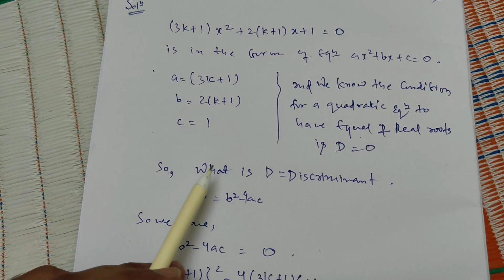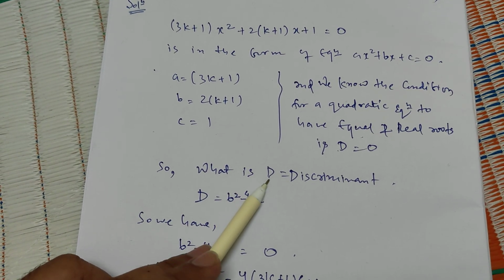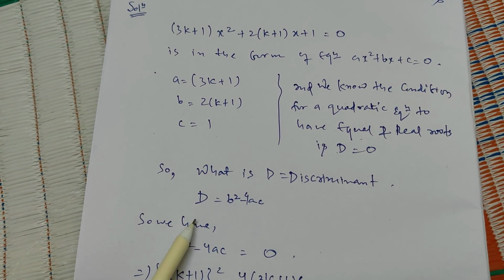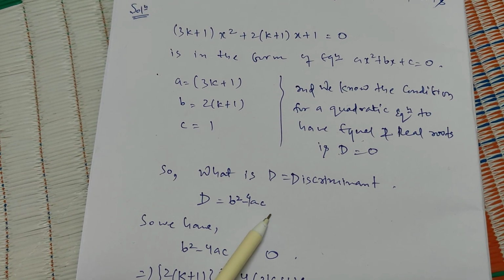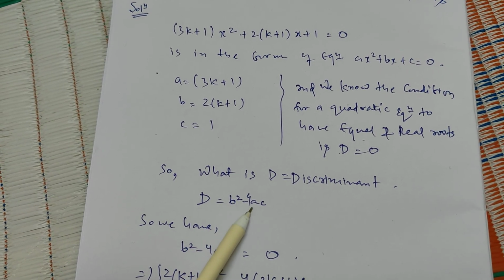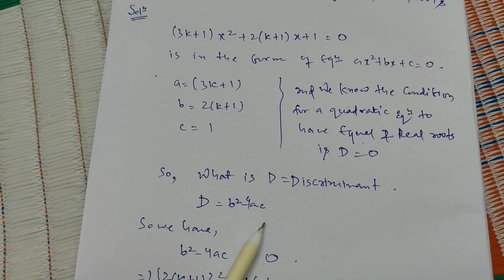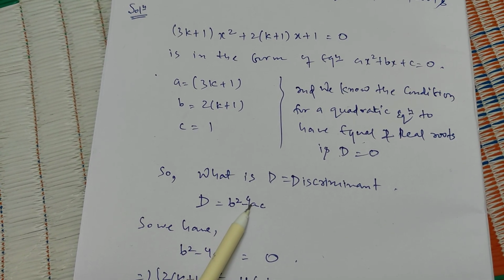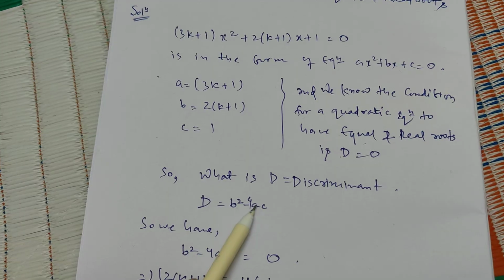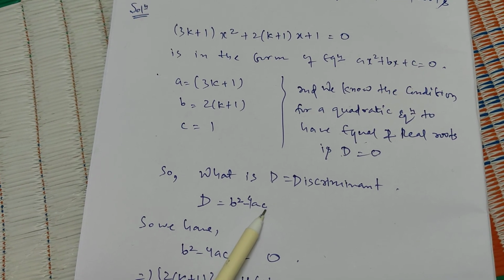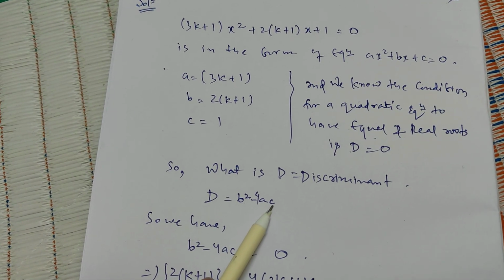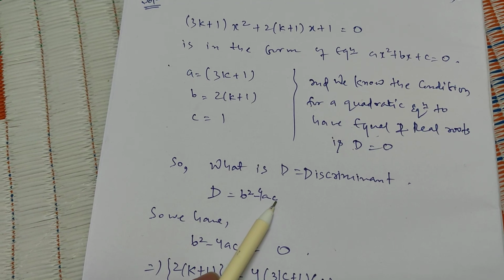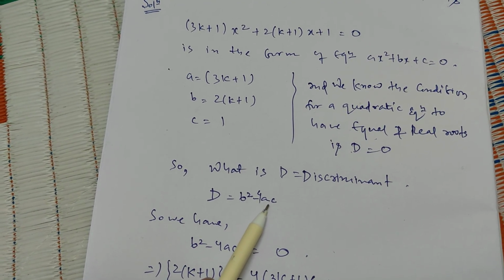What is the discriminant? That is D, and the formula for finding it is b square minus 4ac, where b is the coefficient of x, a is the coefficient of x square, and c is the constant, all real numbers.